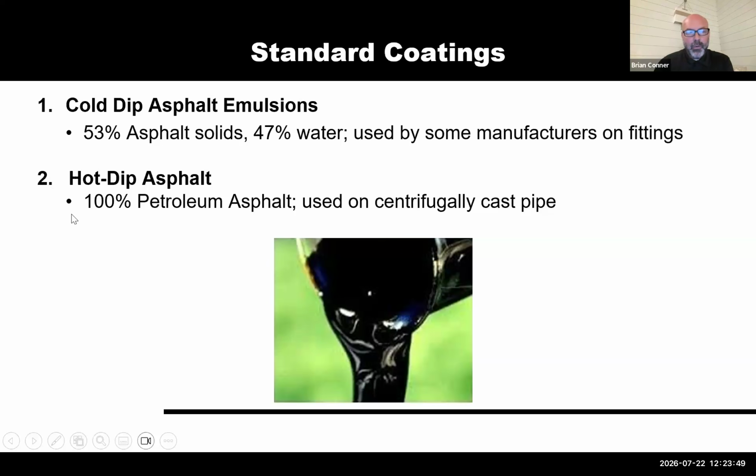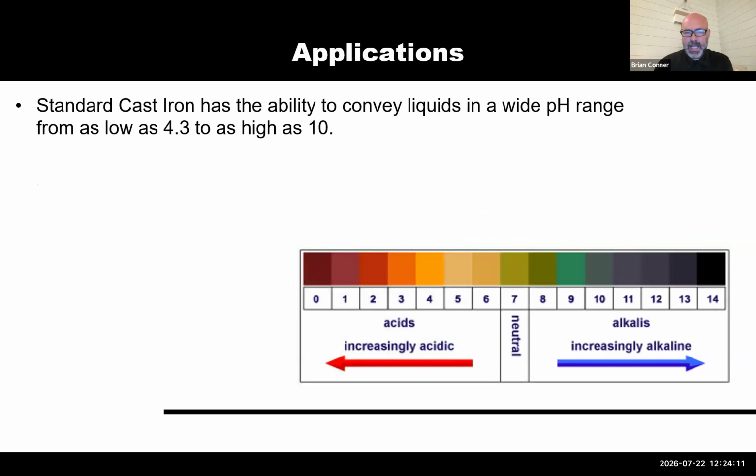Now, all manufacturers, including Charlotte Pipe, use a hot dip asphalt. 100% petroleum asphalt is used on the centrifugally cast pipe. And so the pipe is simply dipped into the asphalt or petroleum asphalt. And that's the coating for standard cast iron across all manufacturers. And this has worked really well for a very long time.